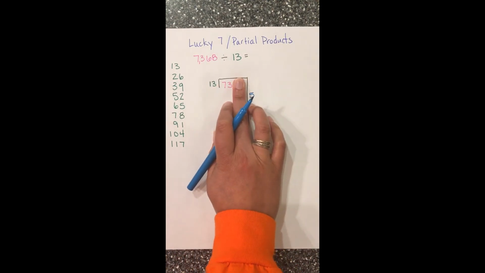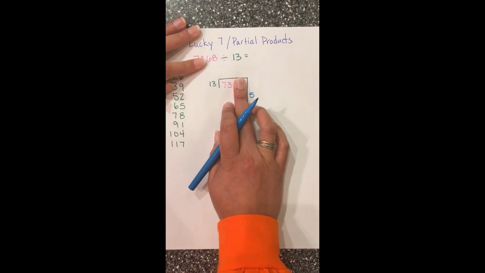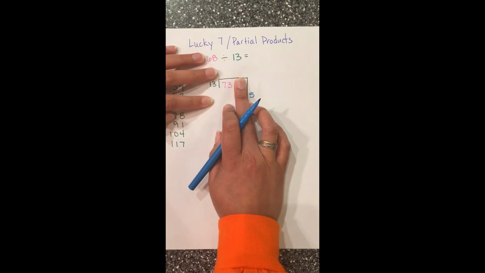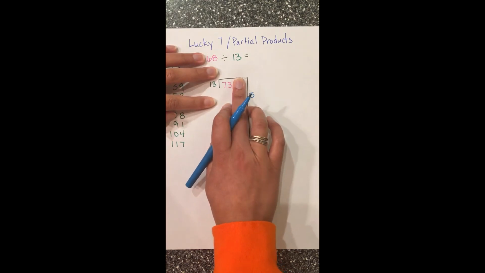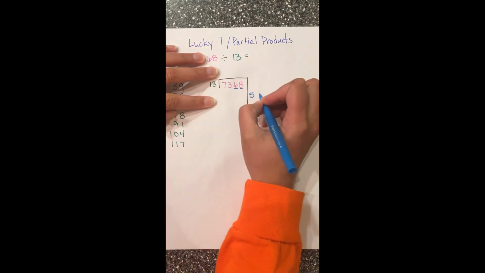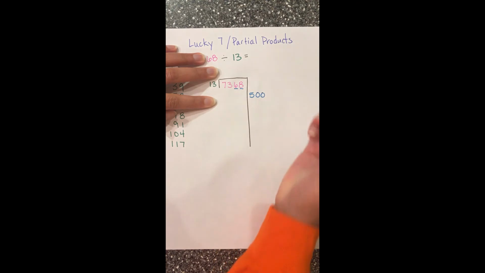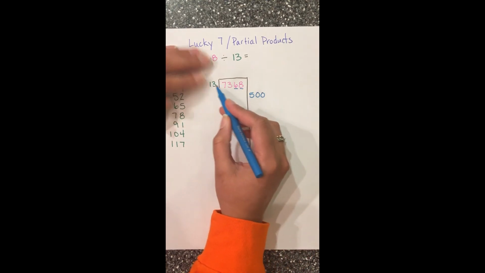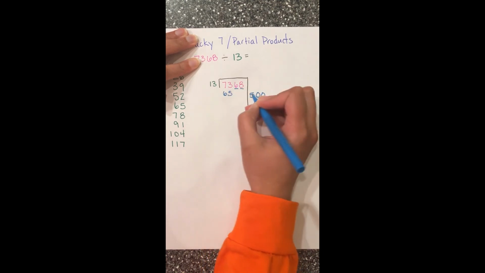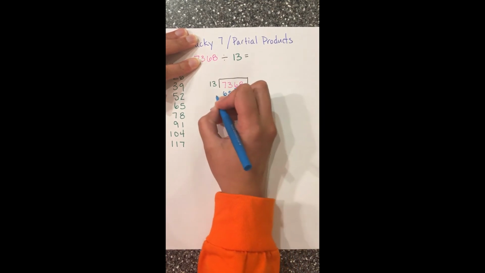Just like when we talked about powers of 10, we are not going to multiply 13 by 5, because we want to take out big chunks. The whole purpose of this strategy is to take out big chunks of numbers. So we think, how many digits were we covering up? It is 2. So instead of being 5, it's going to be 500. And we go 5 times 13 equals 65, but we didn't multiply by 5, we multiplied by 500.